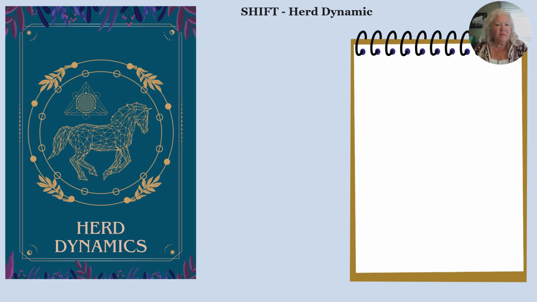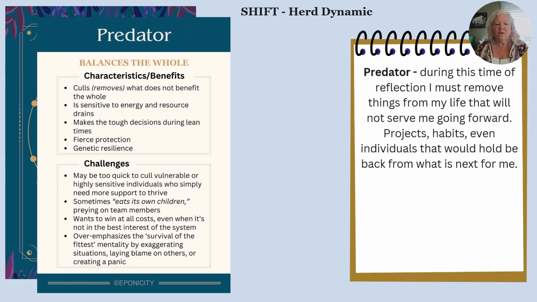The herd dynamic is the energies, remember again. Interestingly enough, the energy that came through for me was the predator energy. The predator energy calls out what doesn't benefit the whole, so that goes into the balancer archetype. It's sensitive to energy drains and resource strains.